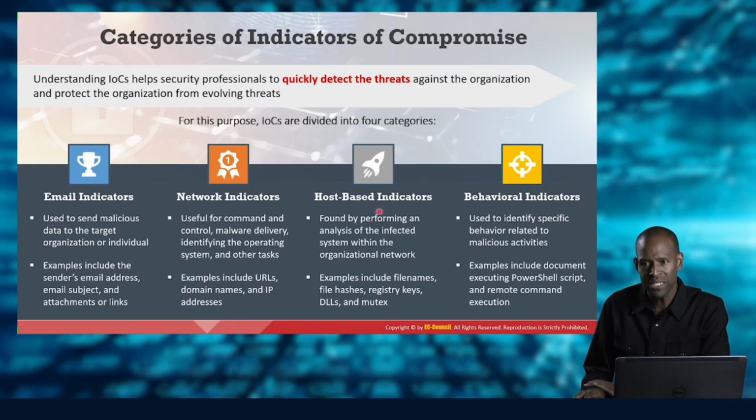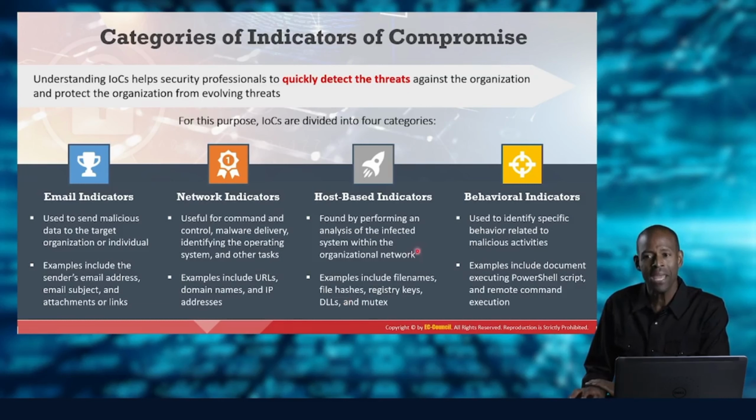I could have host-based indicators that a system is infected: registry keys, mutex, DLLs, file hashes. I could take the hash of an executable that I found on an infected system and feed that hash into my endpoint protection and say, if you see this file, quarantine or delete it, and protect my system because of the IoC that I found.